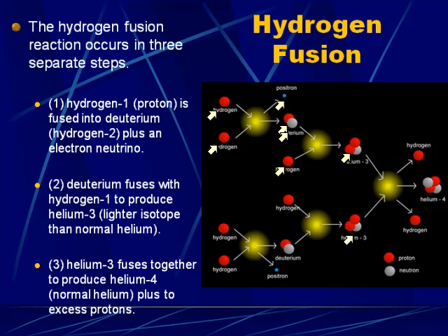Helium-3 combines with another helium-3 to make helium-4. That's 2 protons and 2 neutrons, and 2 protons are liberated during the reaction. These protons are basically just 2 new hydrogen atoms. So 6 hydrogen together produce 2 extra hydrogen plus 1 helium.